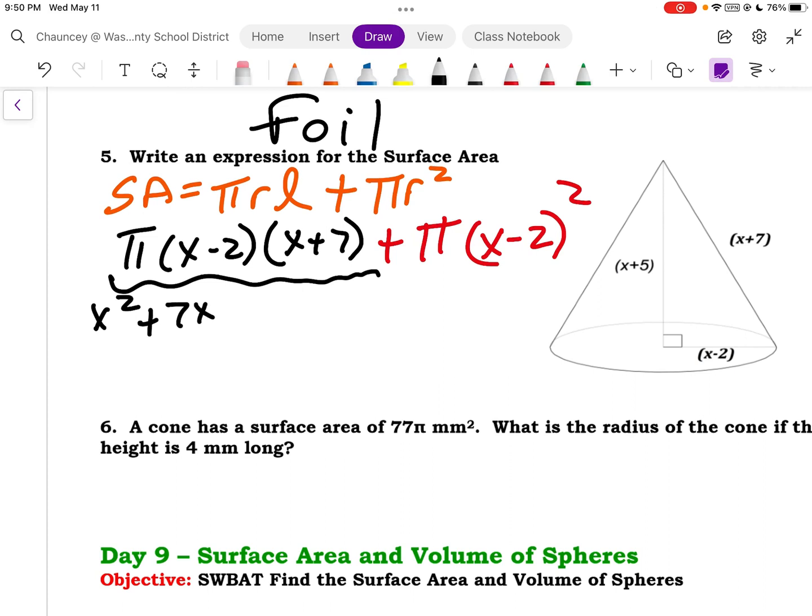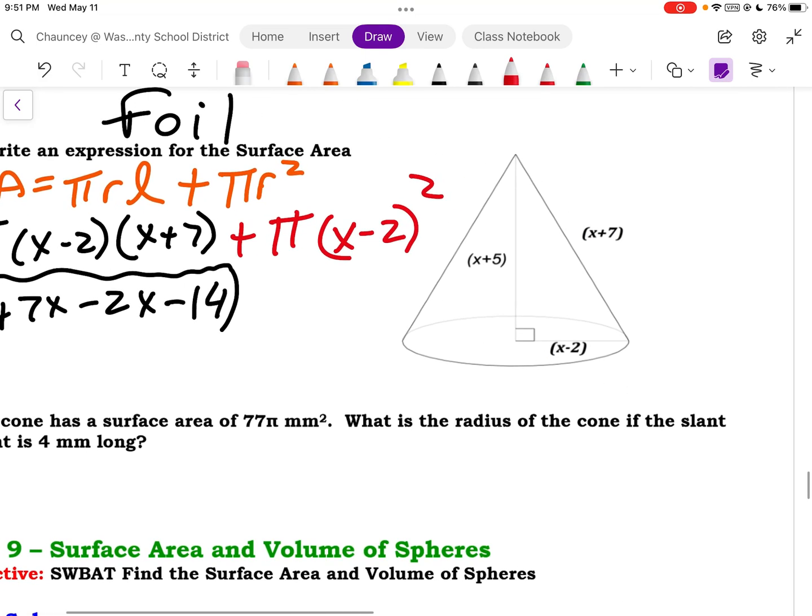Inner, negative 2 times x gives me negative 2x. Last, negative 2 times 7 gives me negative 14. And I just realized that when I did this on my paper, I said plus 2 and not minus 2, but that's okay. All right, so you end up with that. And remember, you still have pi on it right there.